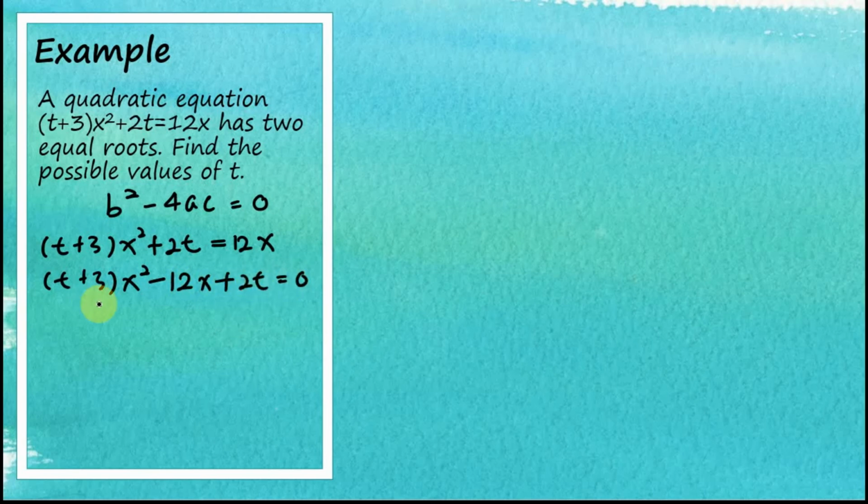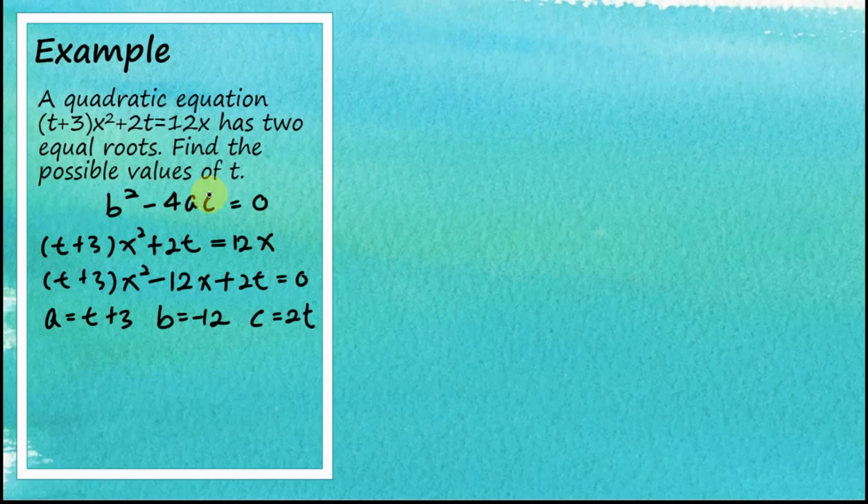So now this equation is in general form, and therefore we can find the values of a, b, and c. a is equal to t plus 3, and b is equal to negative 12, and our c is equal to 2t. Okay. So after we have the values of a, b, and c, then we can plug these values into the discriminant b squared minus 4ac.